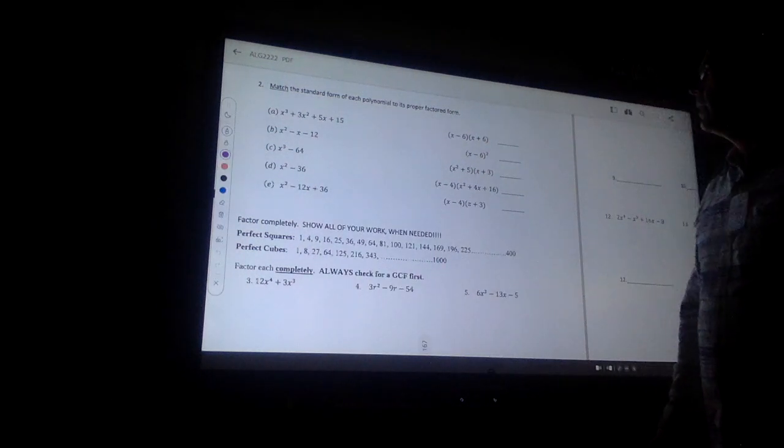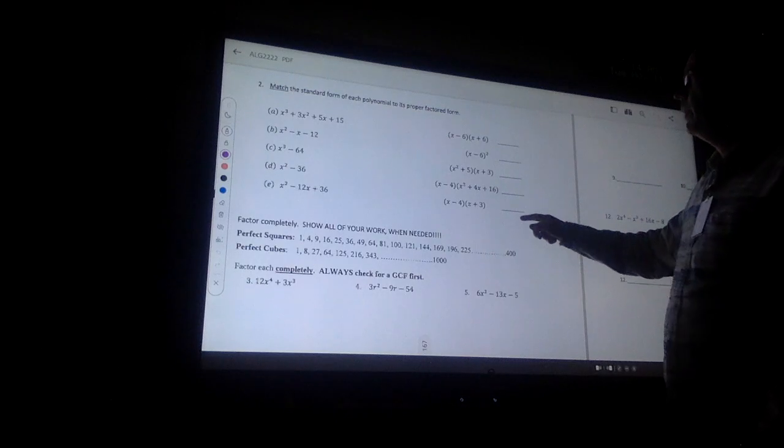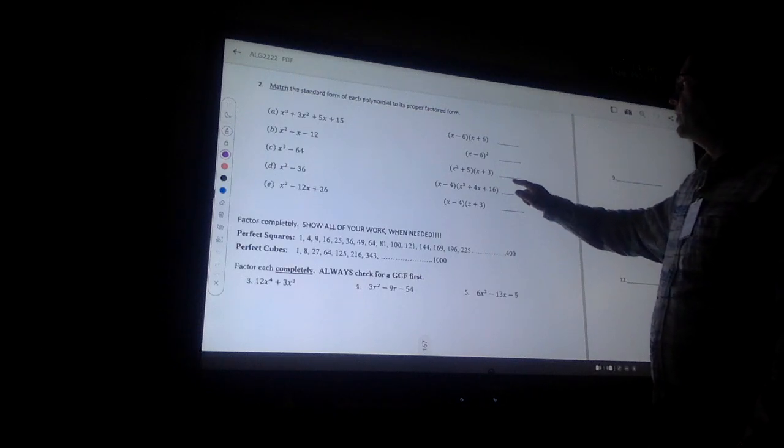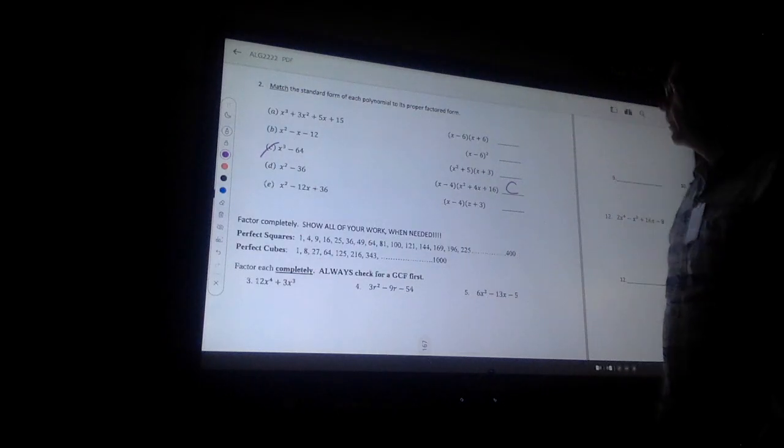All right, we want to match these to standard form. So a couple things to look at. I'd say this one would have to be C, because that's cubed out.